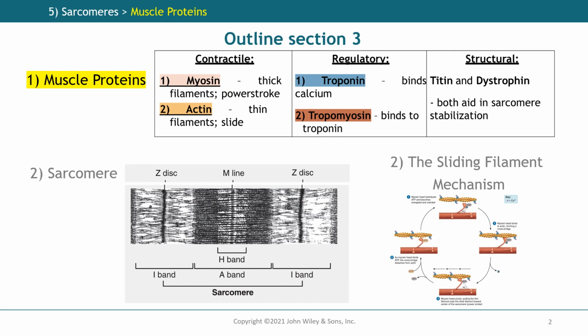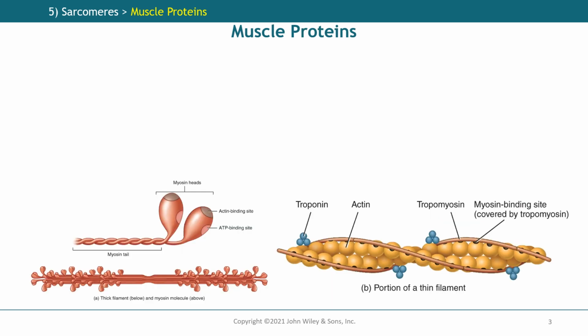Now, let's start talking about the first point, the muscle proteins. When we talk about muscle proteins, you should know that there are 2 that are very important. One is actin, that is found here. That is the thin filament, the yellow one, and we're going to show this schematic multiple times.